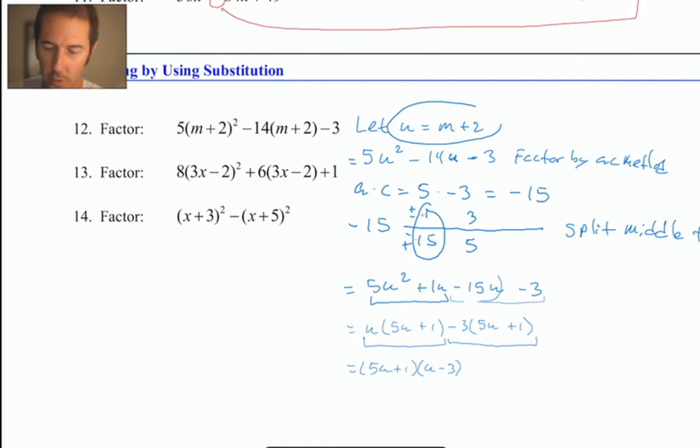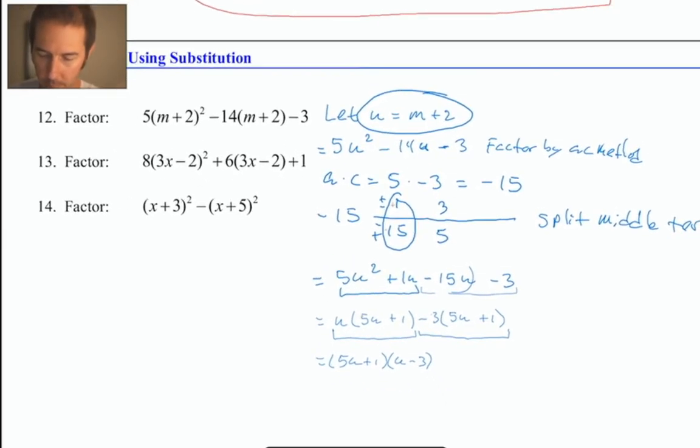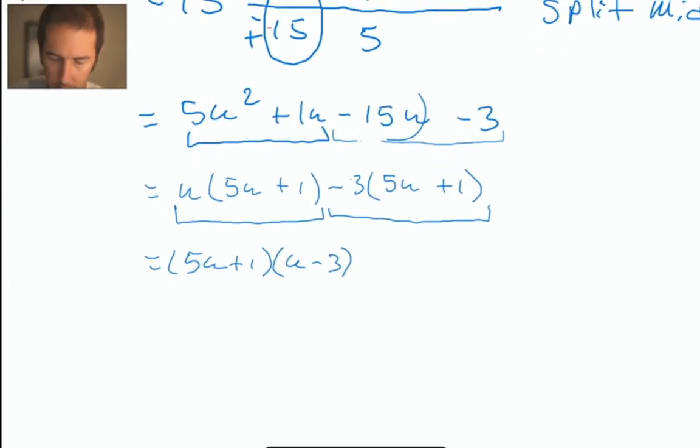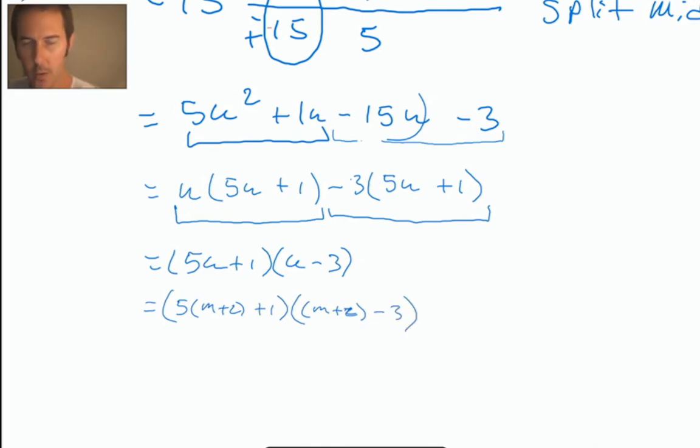We said that u was equal to m plus 2. Now that we've factored this as far as we can, we're going to replace the u value with an m plus 2. So you can call that back substituting, reverse substituting.